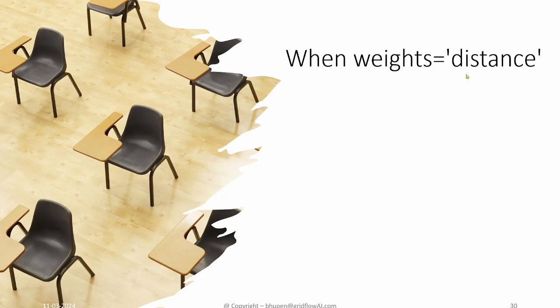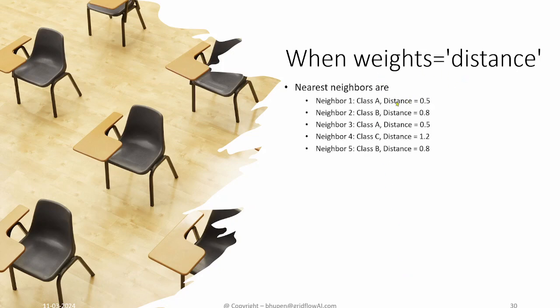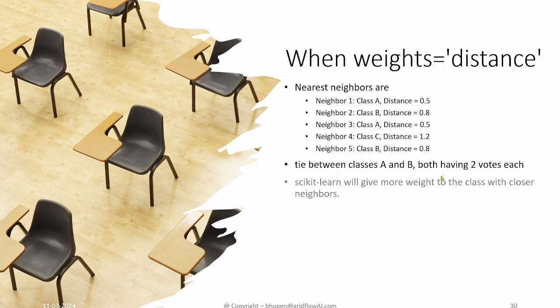When we have weights equal to distance, let's say the neighbors are 1, 2, 3, 4, 5, distributed across the classes, with their distances from the test point being, for example, 0.5, 0.8, and so on. Classes A and B are in a tie, both having two votes.